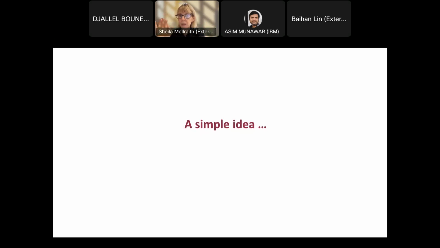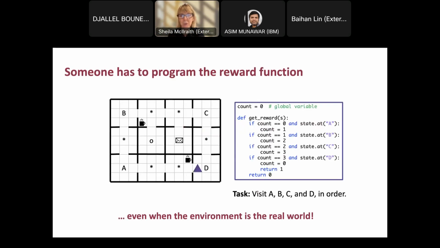Our approach is based on a very simple idea. It's such an obvious idea. I don't know why more people don't use it, which is the notion that someone always has to program the reward function. So you and I are wired for pleasure and pain. I get plus 100 when I eat ice cream, and I get minus 20 when I stub my toe.